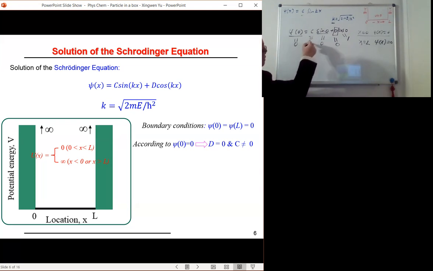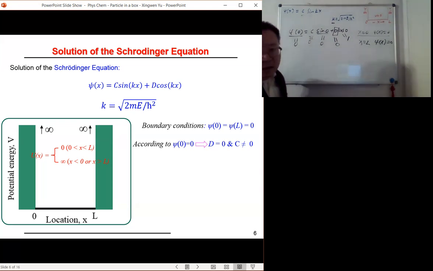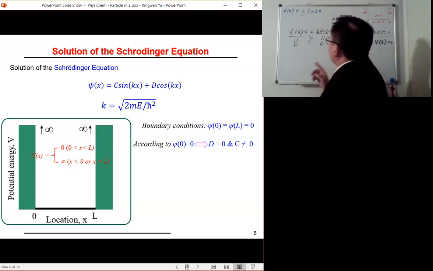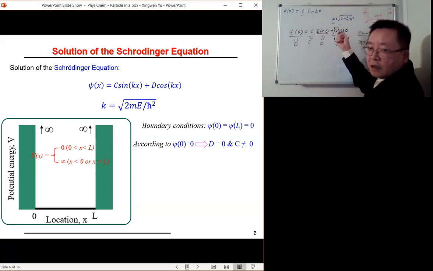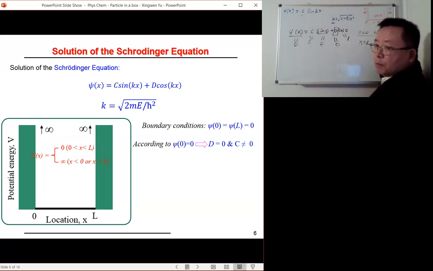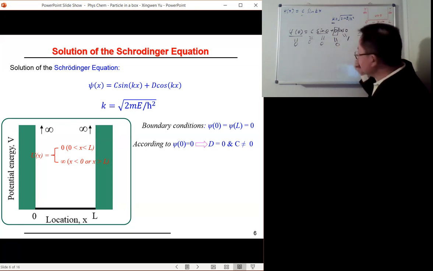So C must not be 0, only D is 0. So we can determine the constant D with the first boundary condition.